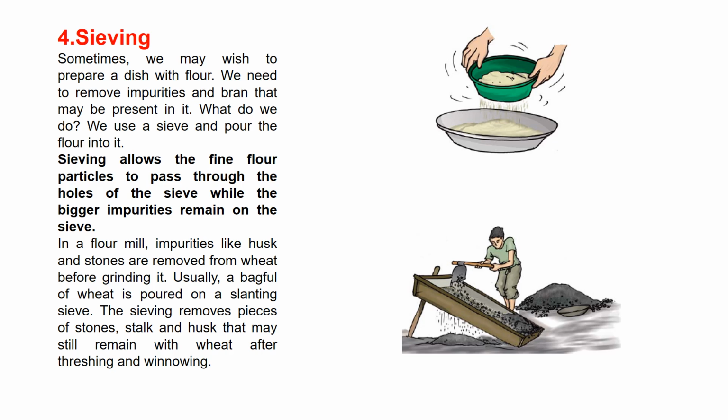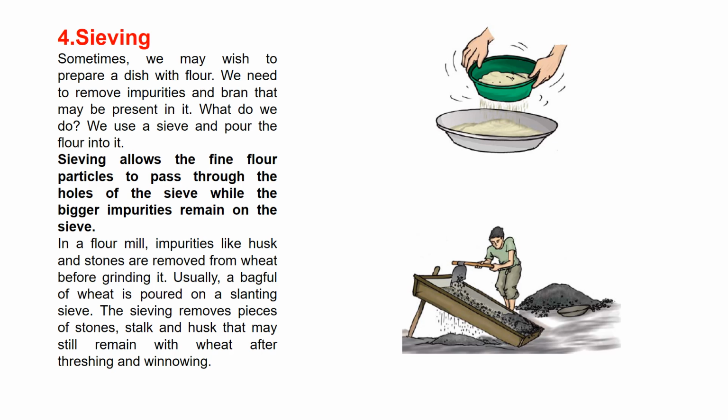A sieve is nothing but a simple device with small pores which allow fine particles like flour to pass through, leaving behind any impurities it might contain.